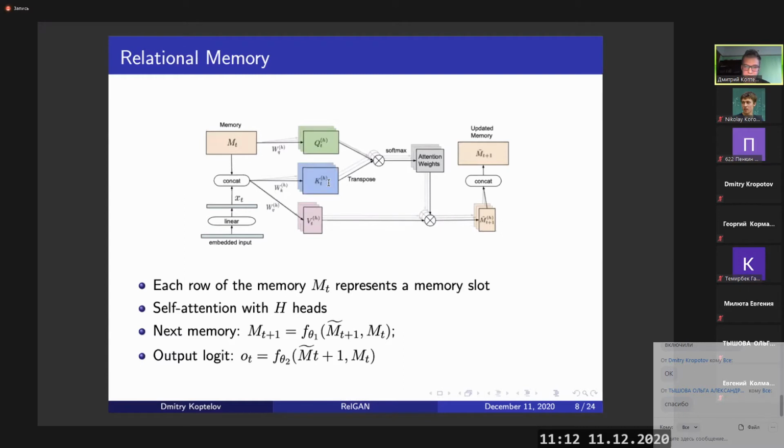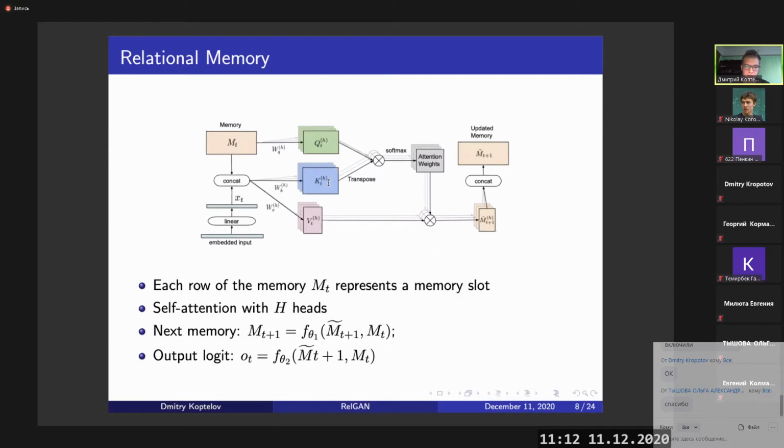And take a look at the relational memory. We have a memory matrix where each row is something like a memory slot, and we have an embedded input.